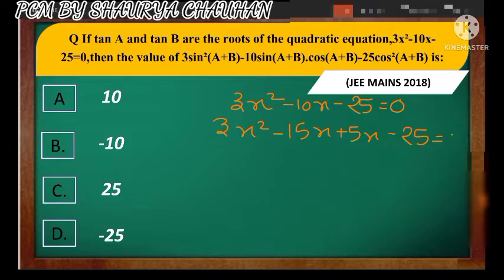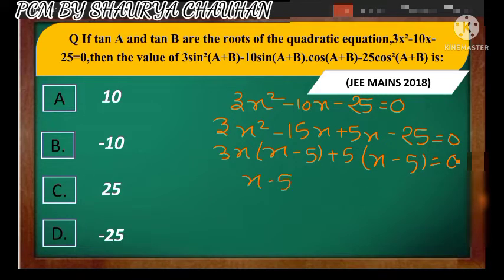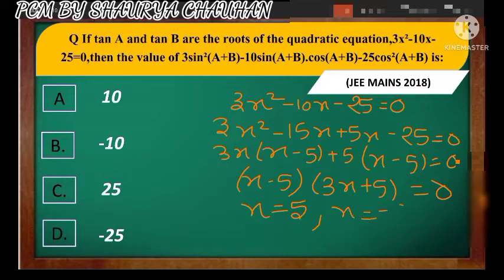After taking 3x common from these two terms, it will become 3x into x minus 5, plus taking 5 common from the last two terms, it will become 5 into x minus 5 equals to 0. So taking x minus 5 as common, it will become x minus 5 into 3x plus 5 equals to 0. So the roots come out to be x equals to 5 and x equals to minus 5 by 3. Let the value of 10a is 5 and the value of 10b is minus 5 by 3.